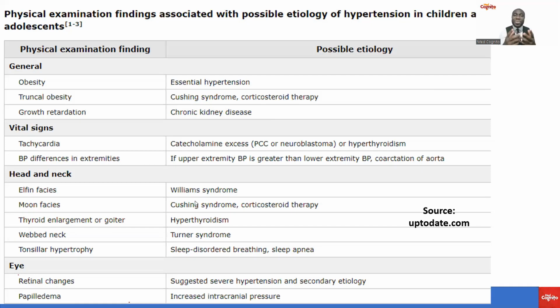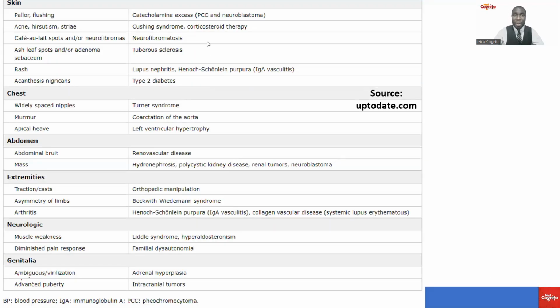If you have a child who has hypertension and if you do fundoscopy, there are retinal changes, you're thinking about severe hypertension. And if there's papilledema as well, you're still thinking about severe hypertension and raised intracranial pressure, right? This table is very important. More.